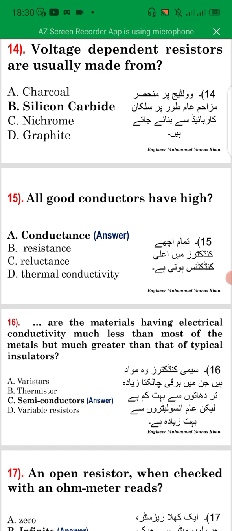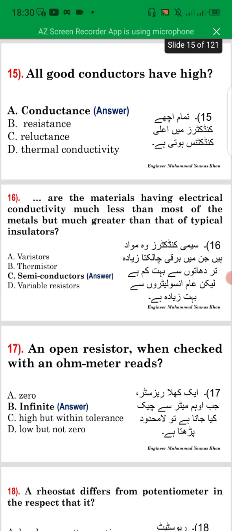Correct answer is conductance. Materials having electrical conductivity much less than most of the metals but much greater than that of typical insulators are varistors, thermistors, semiconductors, variable resistors. So correct answer is semiconductors.